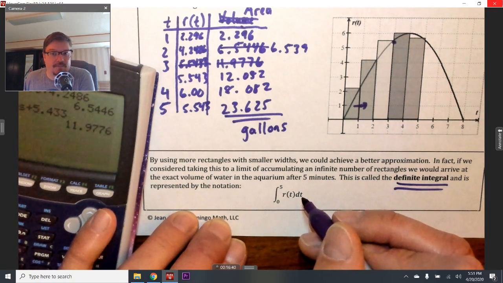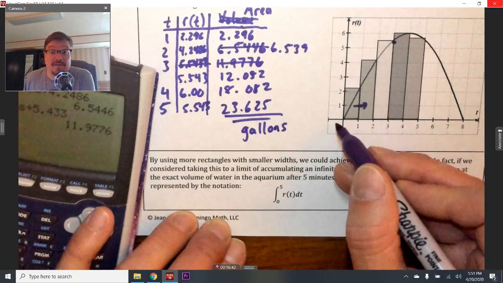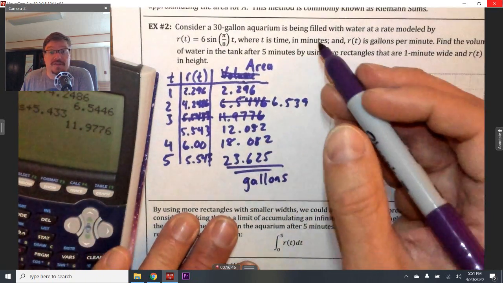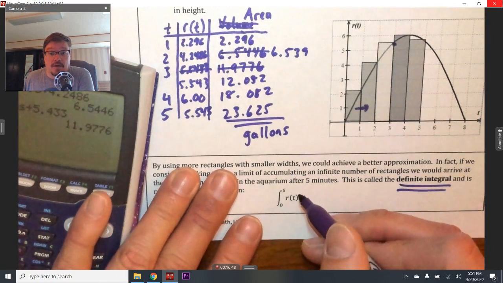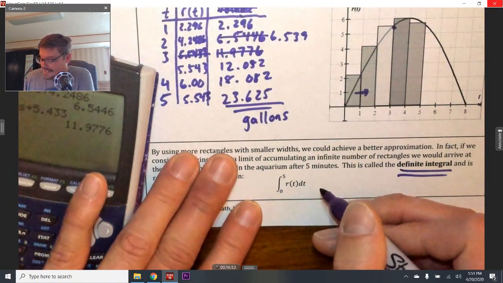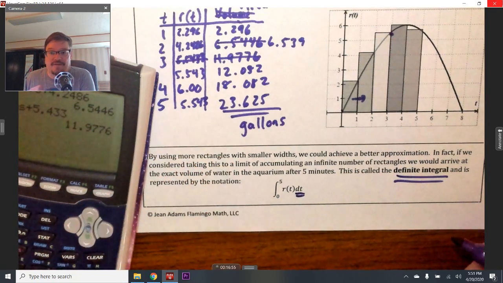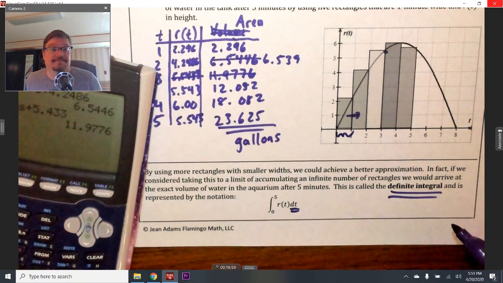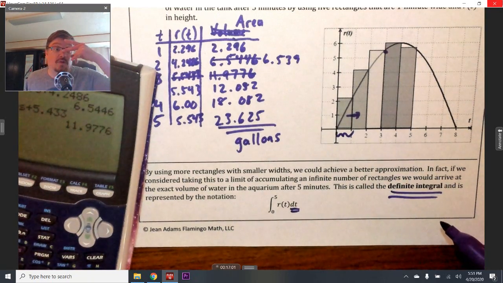That's how we say it. That's exactly what we did right here. We went from 0 all the way to 5, represented here to here. Our function was labeled r of t. Now I could have replaced this r of t with that guy right there, but notice that this dt, that time differential, represents little delta t. That's what that dt stands for.